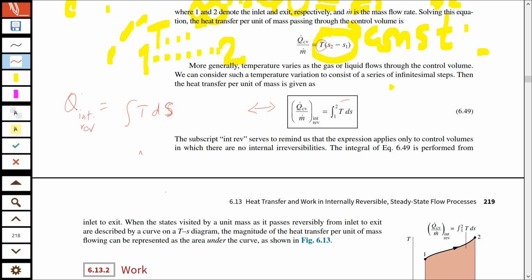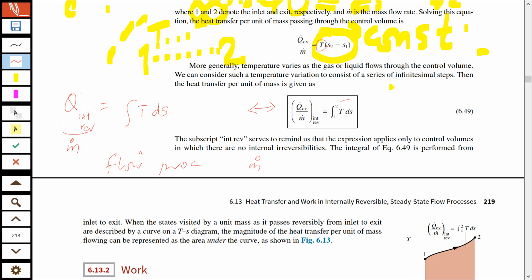If I divide this by m, this uppercase S will become lowercase s, the specific entropy. But now dividing by m doesn't make sense because I'm talking about a flow process. In a flow process, I will have mass flow rate m dot. So dividing by m dot is something I'll be doing because I'll be writing some entropy rate balance, and the entropy rate balance will not have m, it will have m dot.